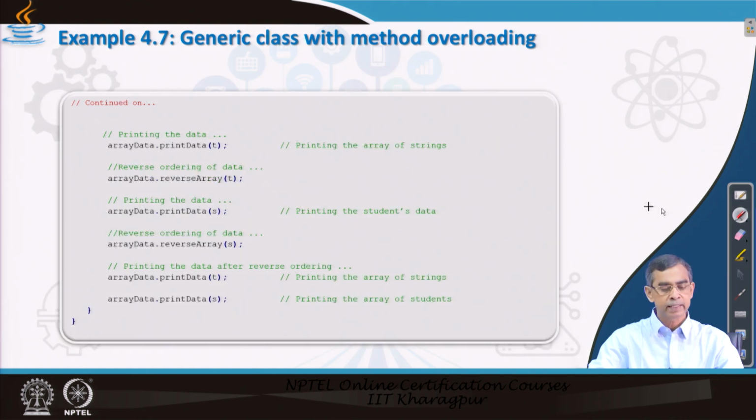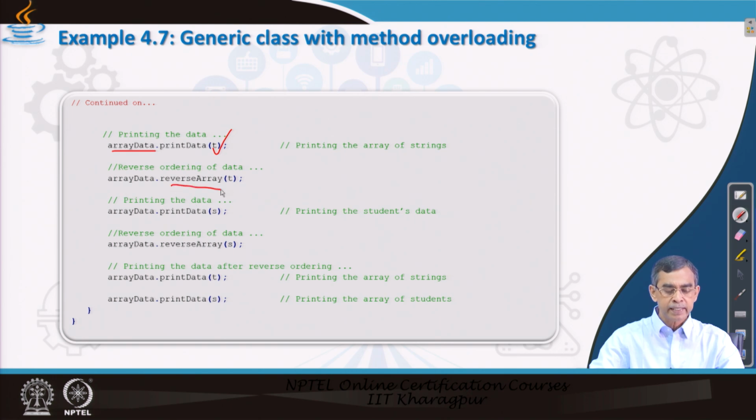Now, here in this example, array data is basically your collection with 2 types of arrays, and print data T basically calls the print data method for the type T. So, it will print the elements which are stored there in the string array.